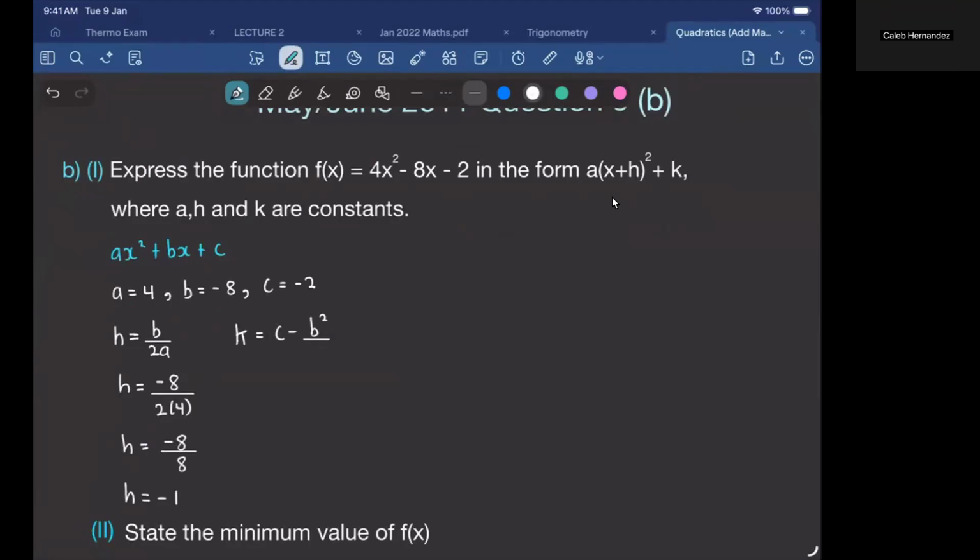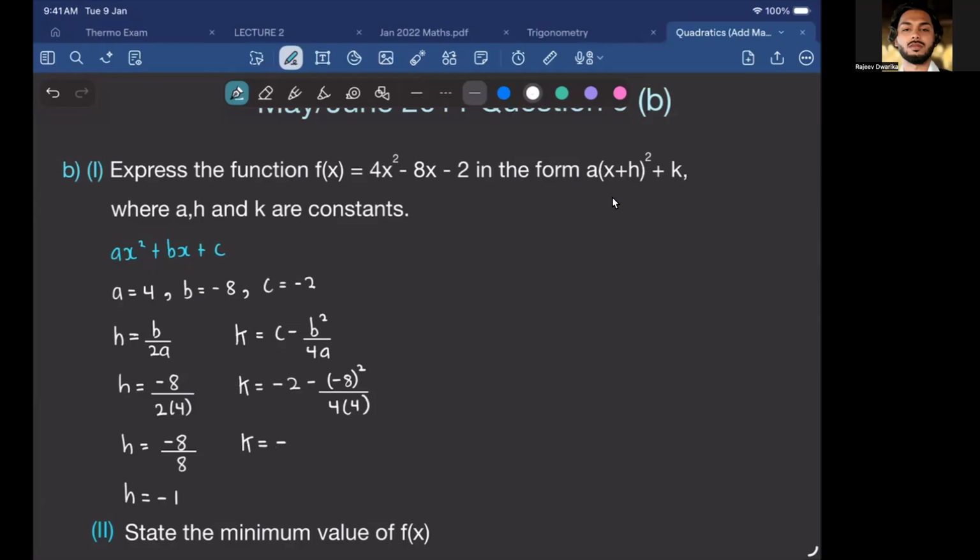Now K, I'm going to use the other formula, but you should get the same answer, right? C minus B squared over 4A, right? So K would be equal to C. Now C is minus 2, minus B. Here you need to put the minus 8 in brackets, squared, all over 4 by A. Now A is 4, so I put 4 by 4, right?